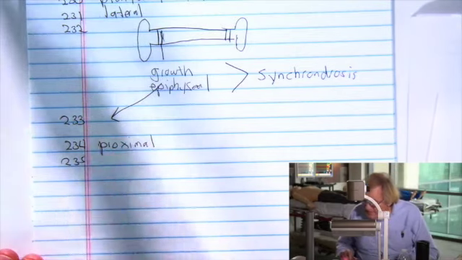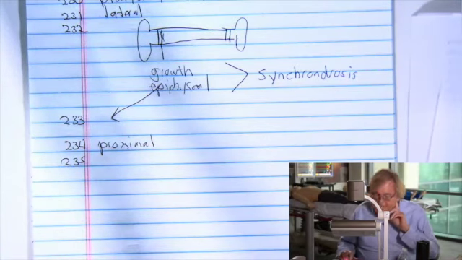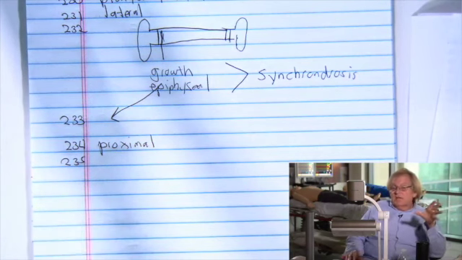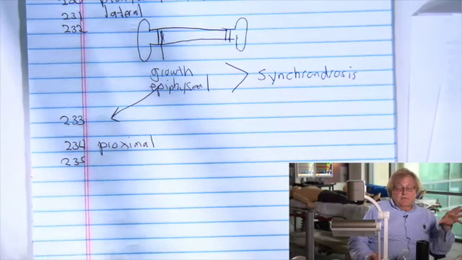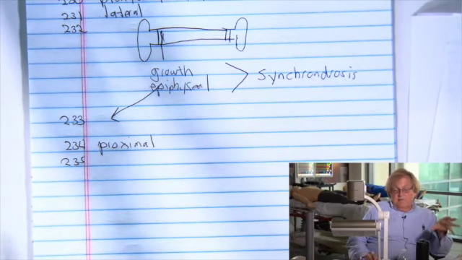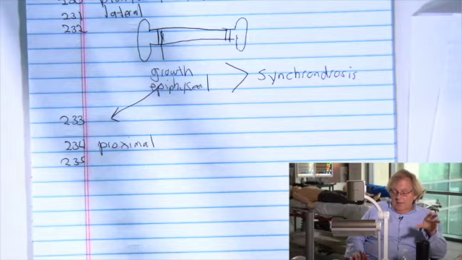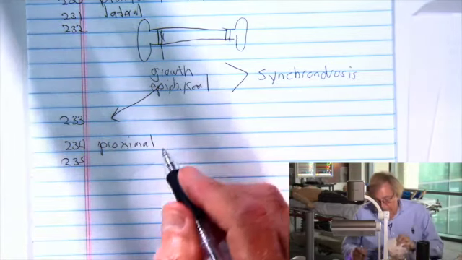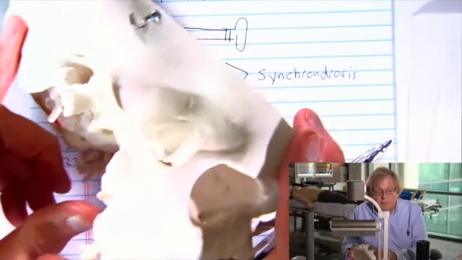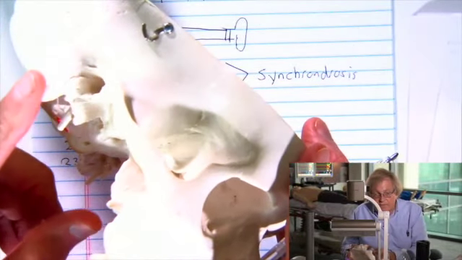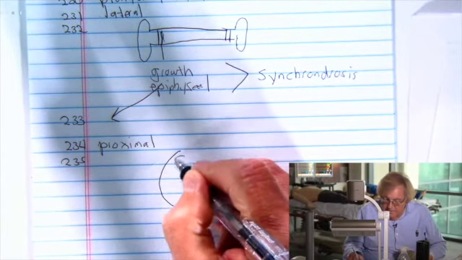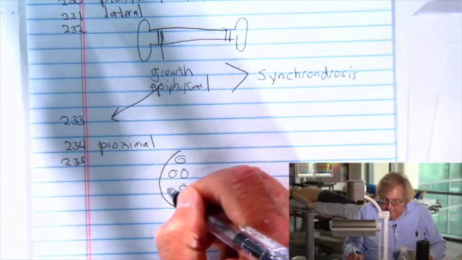235 says cells in the mastoid process. Remember when I told you the story about the ear infection? Child gets a middle ear infection, goes to an inner ear infection. The ear infection goes to the mastoid process of the temporal bone. But when you open up the mastoid process of the temporal bone, so it's that bump right here that you can feel in the back of your ear, when you literally look inside of it, you see all these little pockets that are called air cells.